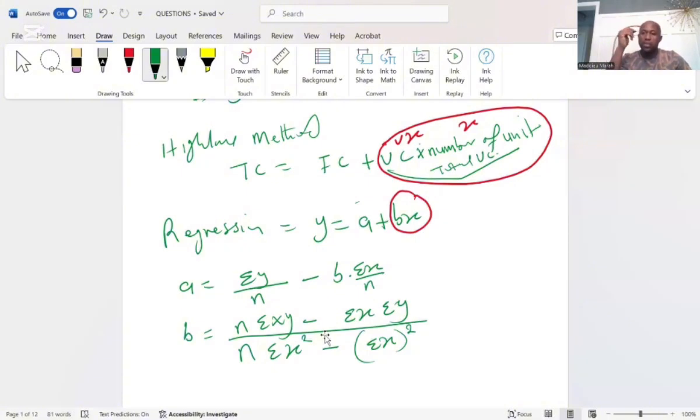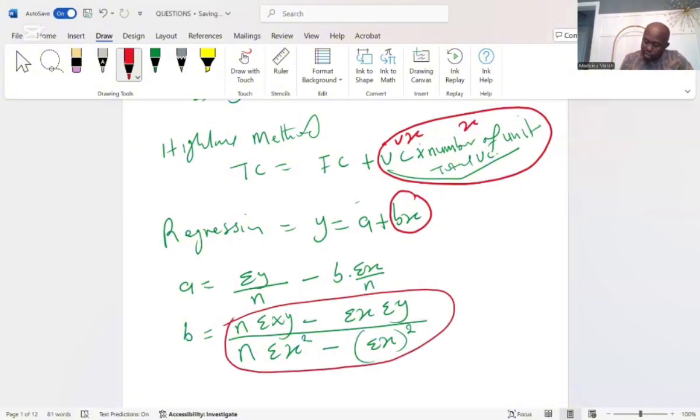We can do this with a question and see how we apply the formula. When we do this, we'll get the variable cost per unit. Like we used to do for the high-low method, you have the variable cost per unit and you multiply it by the number of units to get the total variable cost.